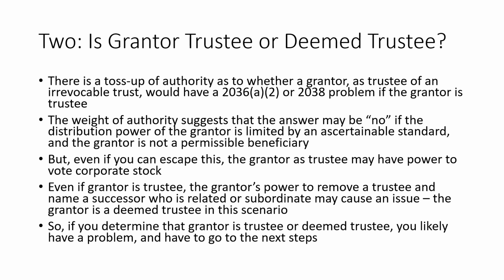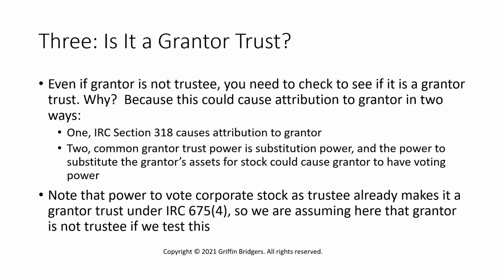Really, regardless of what limitations might be placed on the grantor's authority as trustee to make distributions, the voting rights of the stock still could get attributed to the grantor. So if you have a grantor who is trustee or deemed trustee, you likely have a problem, and we'll go later on in the next steps to look at the analysis of how much control is retained.